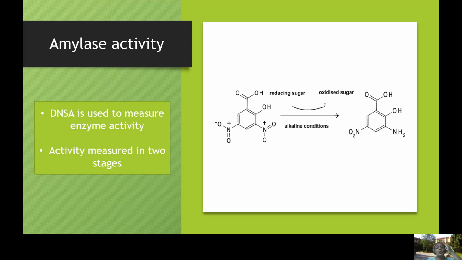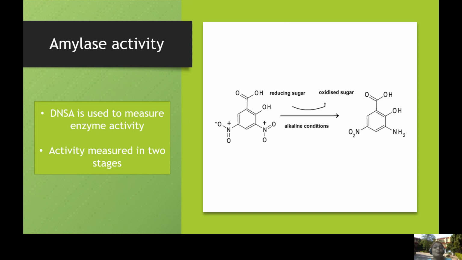So, we have added amylase to the starch solution and allowed the reaction to take place for some time. The amylase has broken down the starch and it has given you molecules of maltose. But maltose is colorless, starch is colorless.